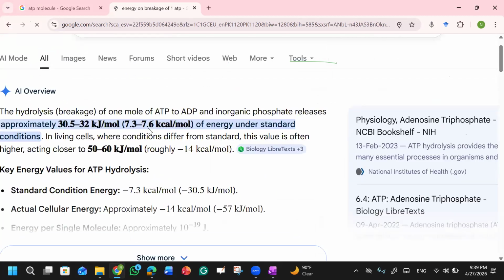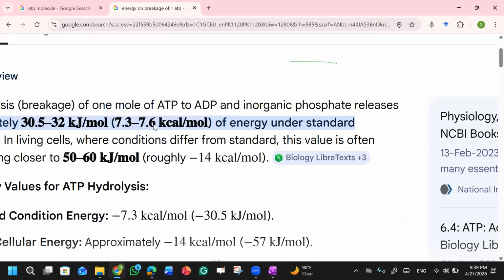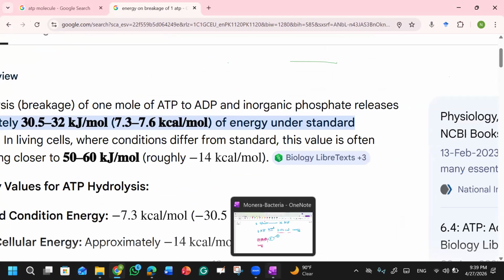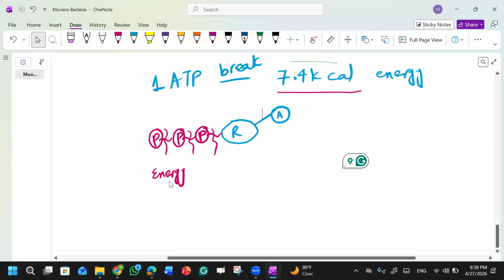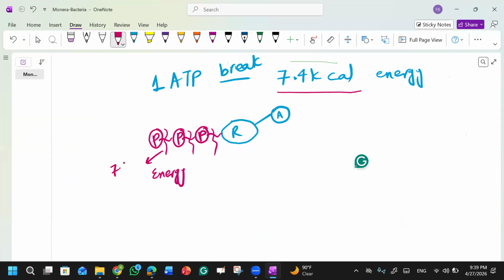As a whole, for one bond, you get 7.4 kilocalories of energy. When one phosphate bond breaks, you will get 7.4 kilocalories of energy, right? And when the second bond breaks, same, you will get 7.4, and there will be 7.4.